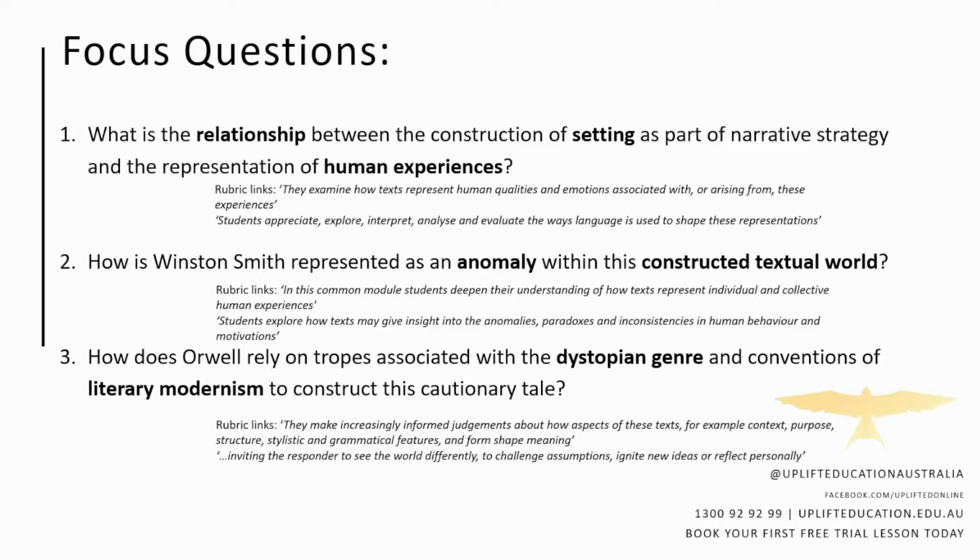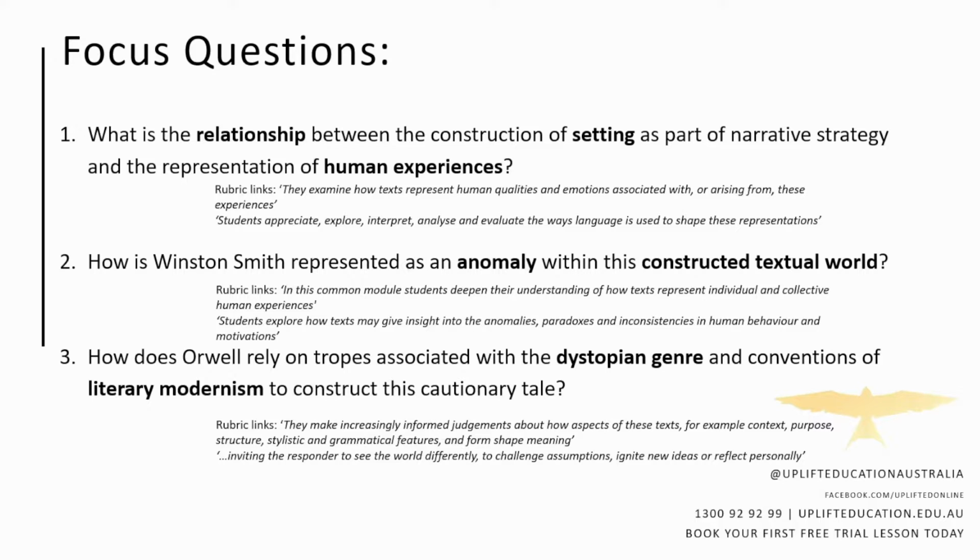That is true for constructed textual worlds and works of fiction. So Orwell, in his construction of the setting of Oceania or the Golden Country, more specifically the urban squalor of Airstrip 1, we really have to deconstruct how he is using that to filter the representation of certain human experiences. So that's going to be the first big idea that we focus on.